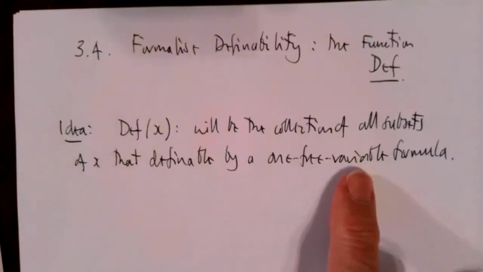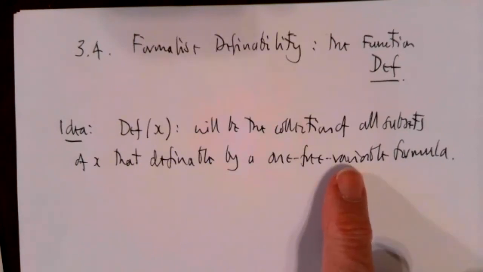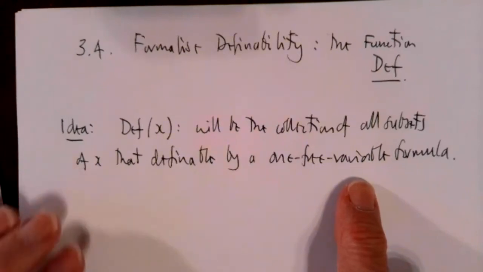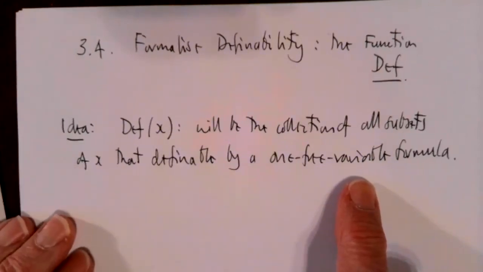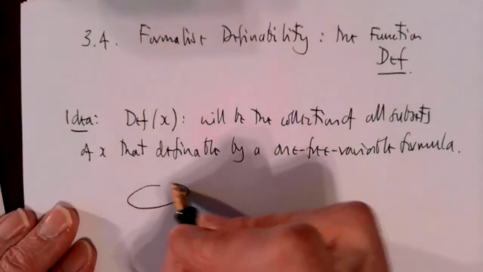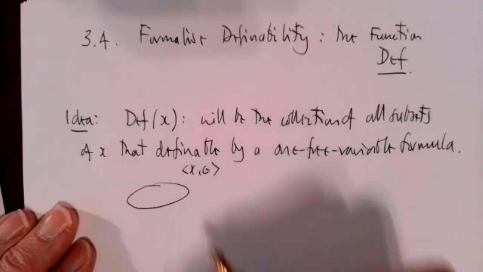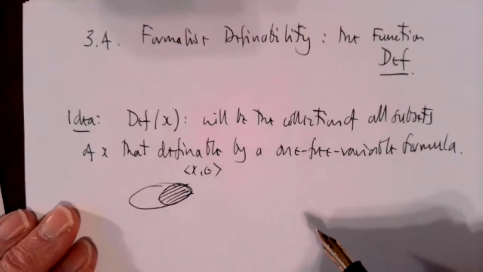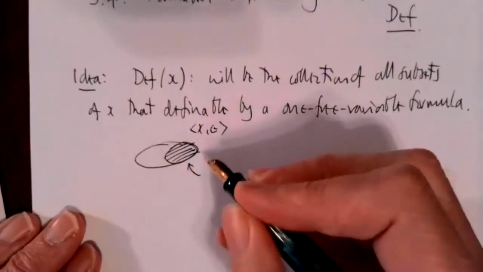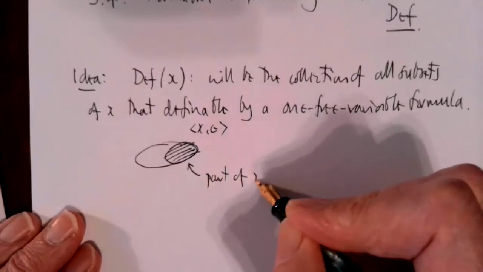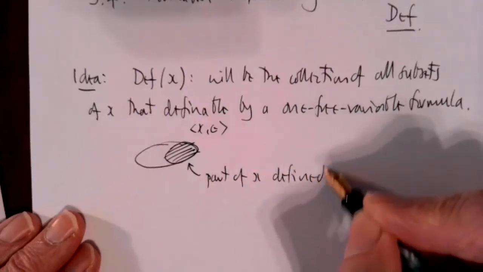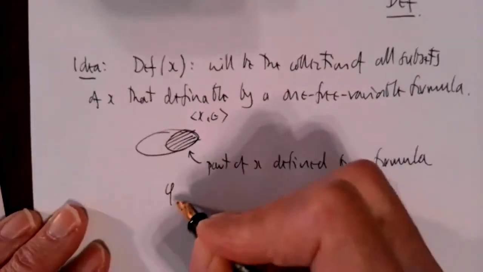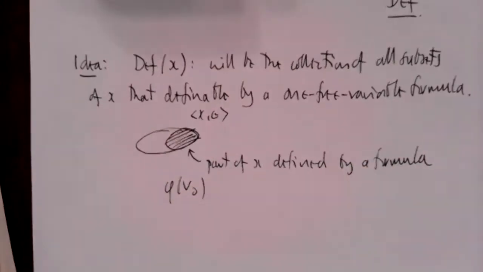Actually, it'll be useful to think of formulae with more free variables because we'll put parameters in for the other variables that are not free. So here's a structure X. I might be able to define this part of X by some formula. So a subclass of X by formula phi v0.